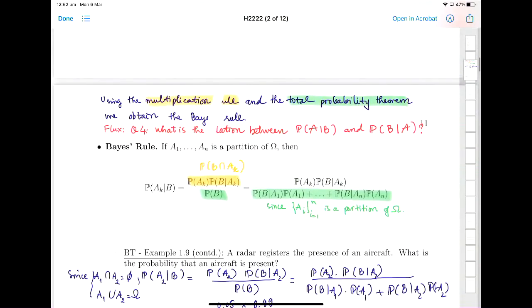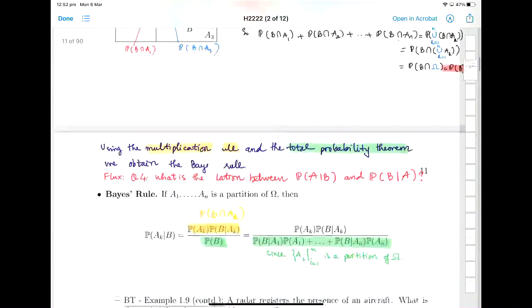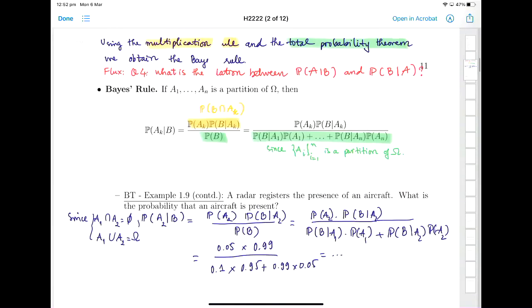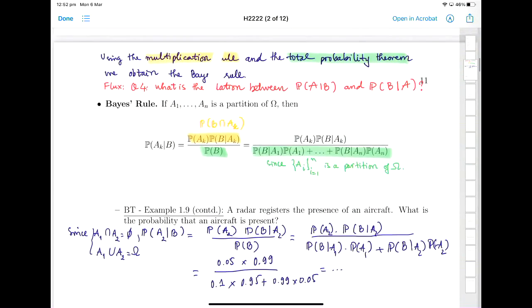So here is an example using the context of the previous example, and now we want to compute the probability that an aircraft is present given that a radar registers the presence of an aircraft.